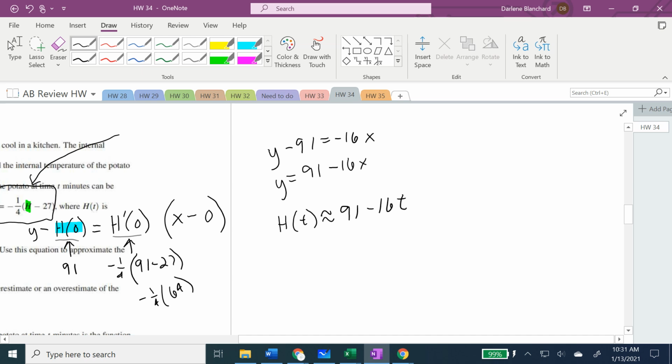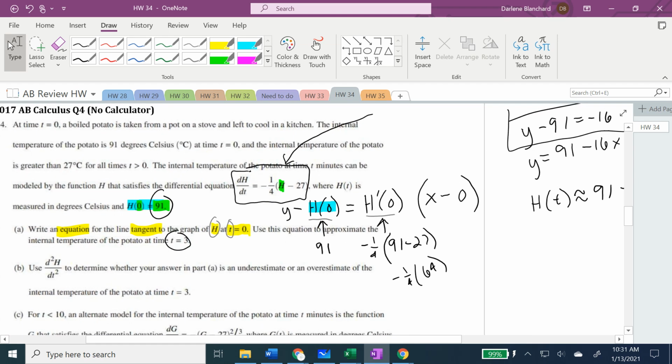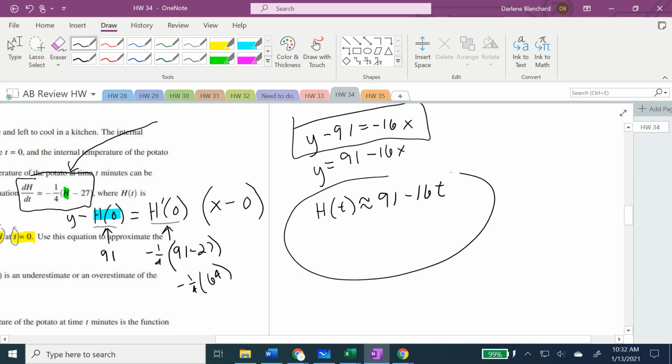And now I've got my equation of the tangent line. That part is done. But then it is asking me to approximate the internal temperature at time t equals 3. So that's where I'm going to write it in this manner, and then say that h of 3 is approximately 91 minus 16 times 3. And honestly, I would not do that arithmetic on my AP exam and just leave it there.